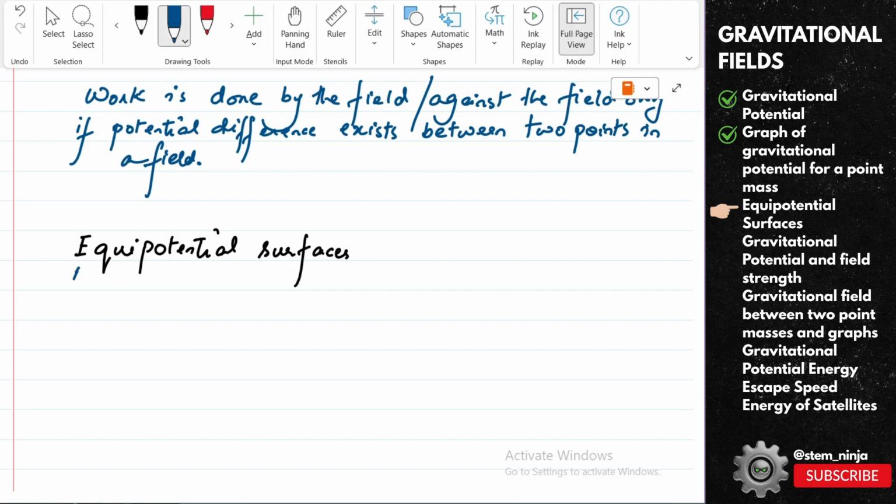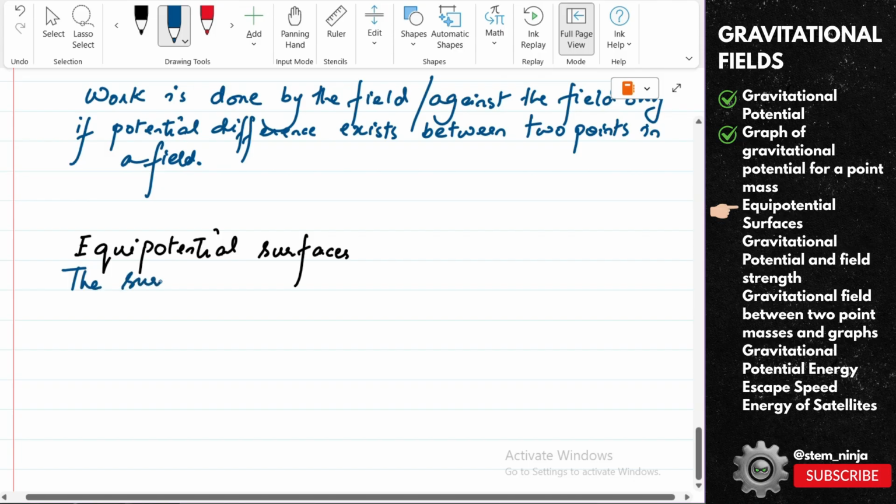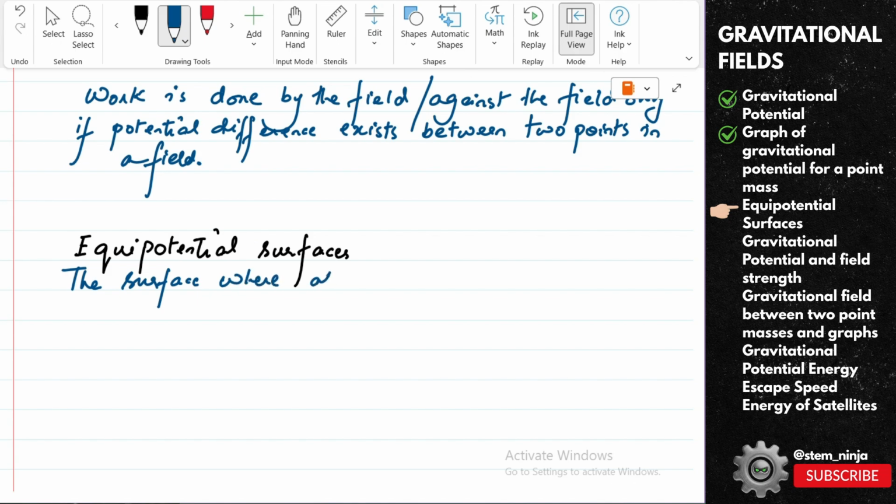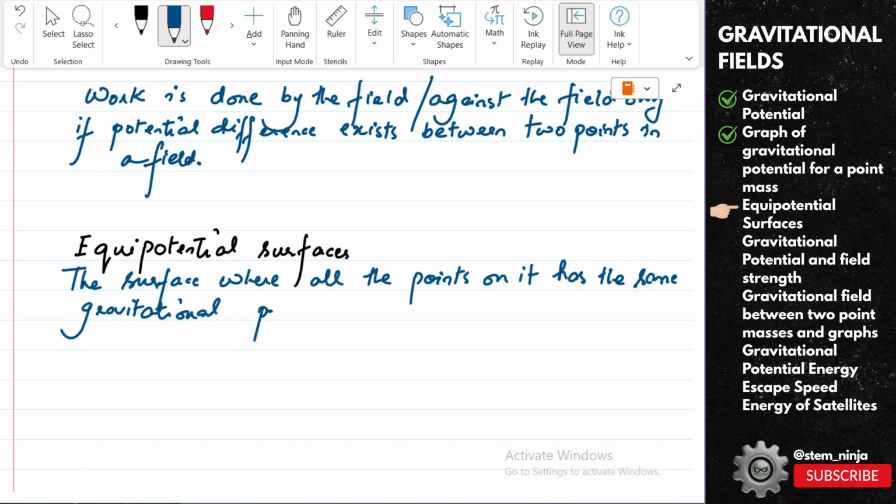We can say that the surface where all the points on it have the same gravitational potential is known as equipotential surface.